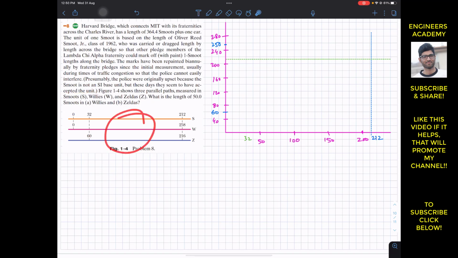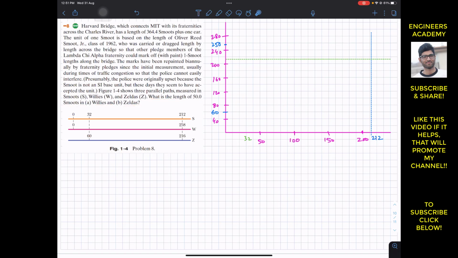Figure 1.4 shows three parallel paths measured in Smoots, Willies and Zeldas. So these are three length units, and the question is what is the length of 50 Smoots in Willies and Zeldas.